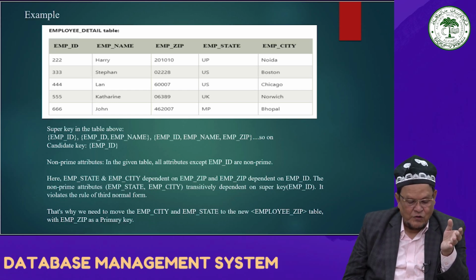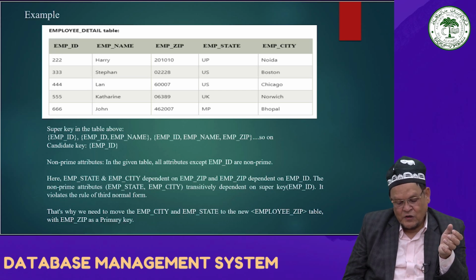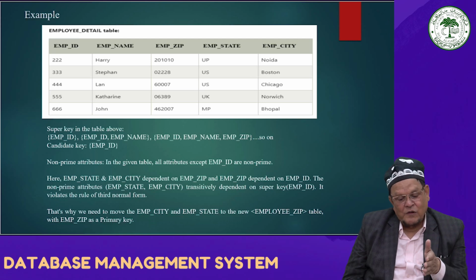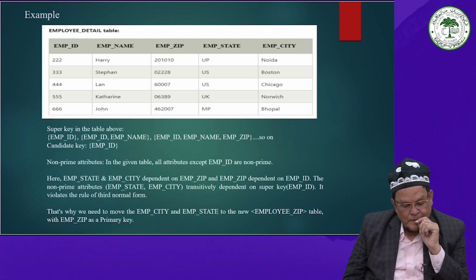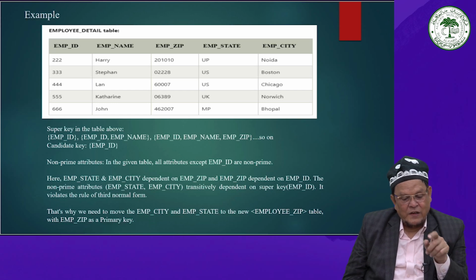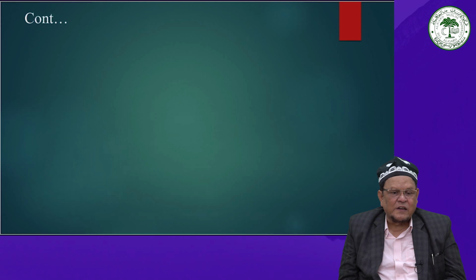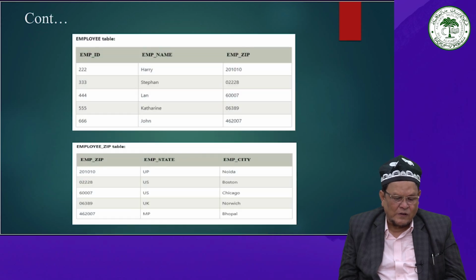That is why we need to move the employee city and employee state to a new employee zip table with employee zip as the primary key. So what we have to do? We have to decompose this one, in such a way that it must be lossless.